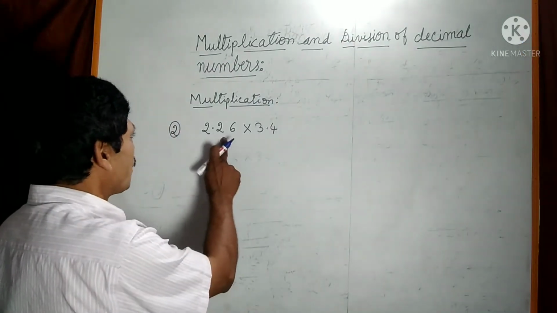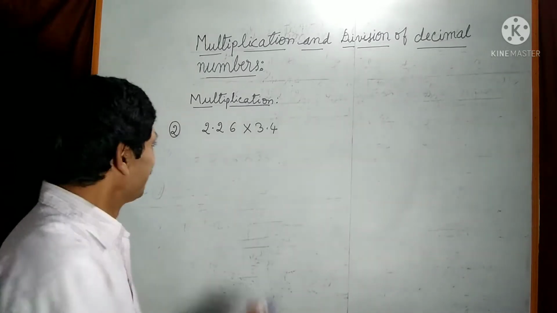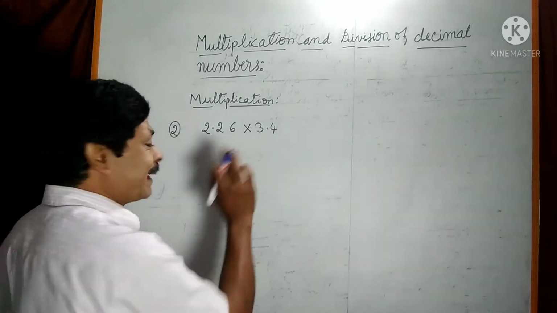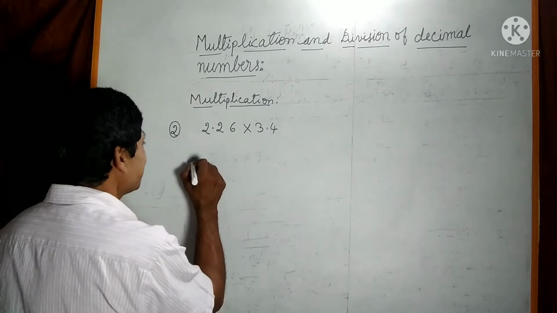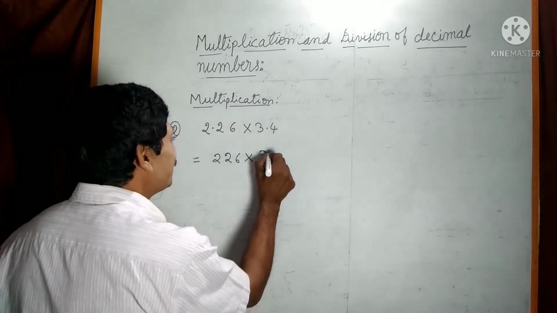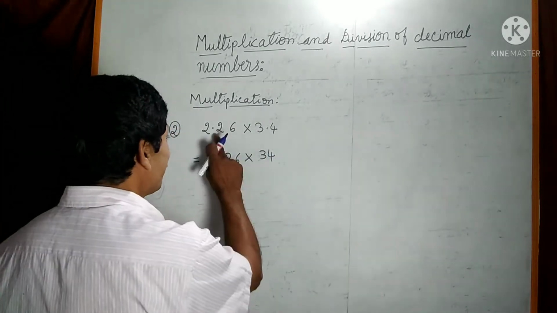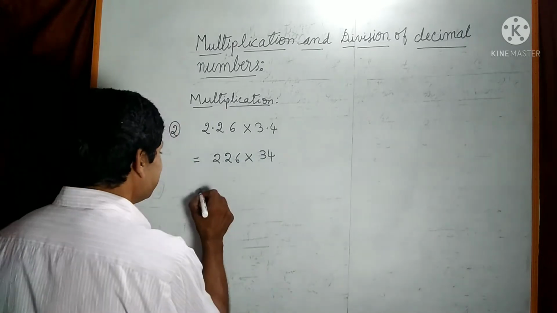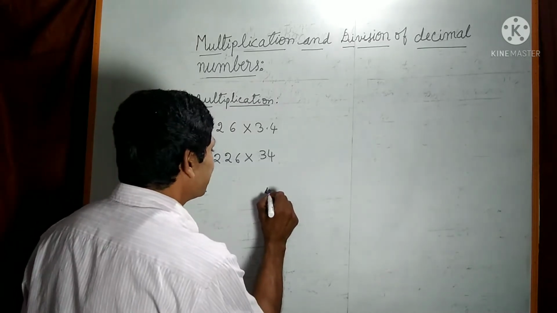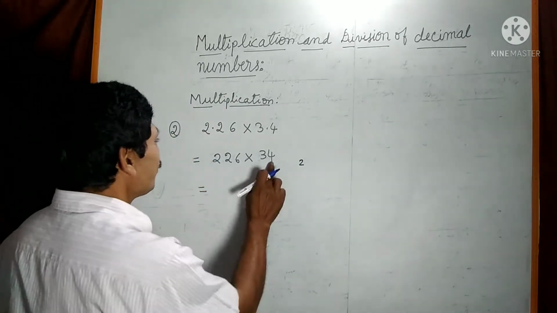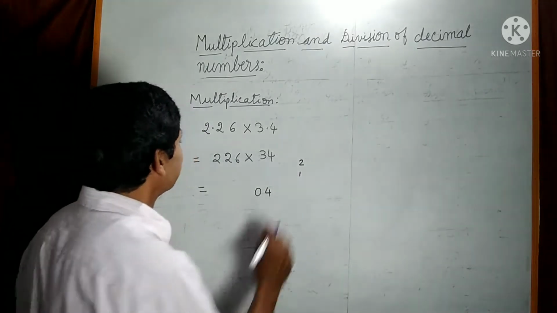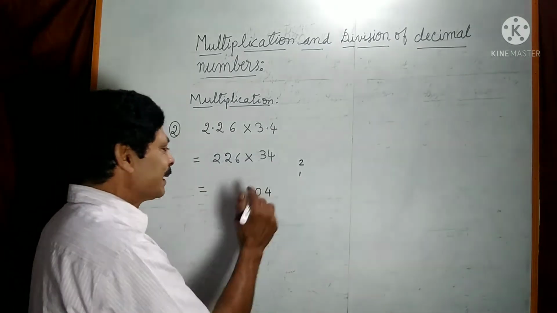Now second question, 2.26 into 3.4. First we have to think that there is no decimal point and we have to multiply the two numbers. This is equal to 226 into 34 after removing the decimal points. 4 6s are 24, carry 2, 4 2s are 8, 8 plus 2, 10, 4 2s are 8, 8 plus 1, 9.